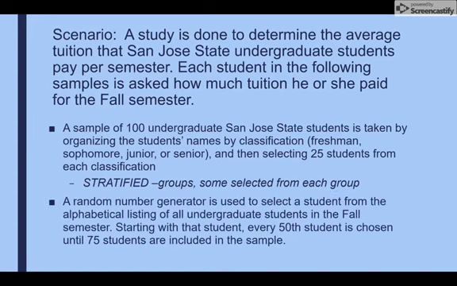Researcher number 2 uses a random number generator to select a student from the alphabetical listing of all undergraduate students in fall semester. Starting with that student, every 50th student is chosen until 75 are included in the sample. 50th, that TH word jumps out at me, which would be systematic.